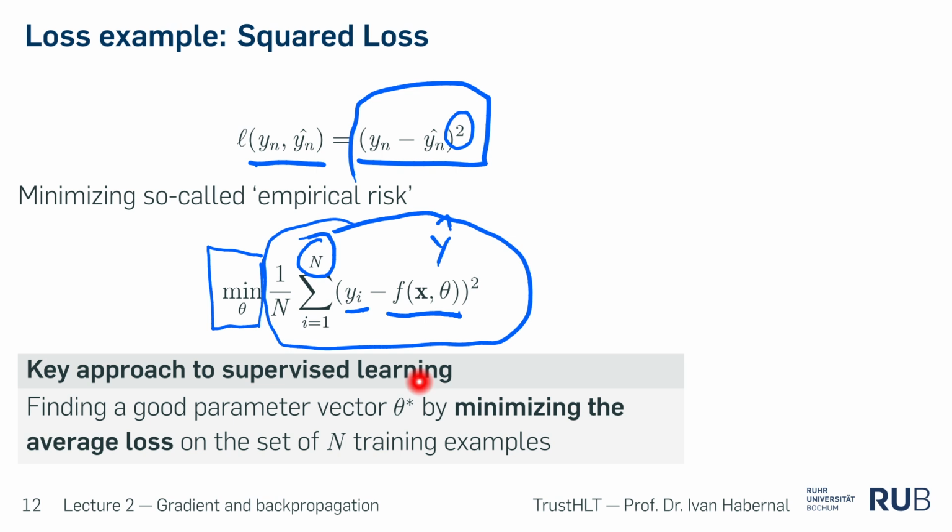So the key approach to supervised learning is we need to find a good parameter vector. We call it theta star, the true theta, some good parameters found by minimizing the average loss. So now we turned our very big problem, where you are given a picture and a label, into something simpler.